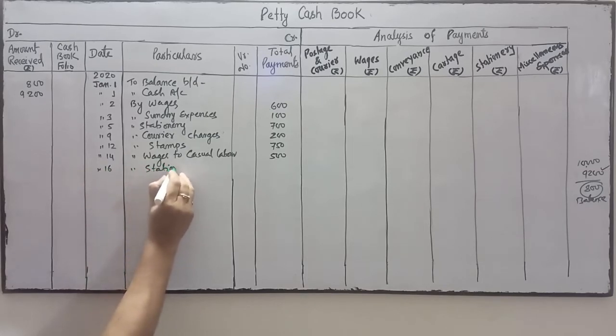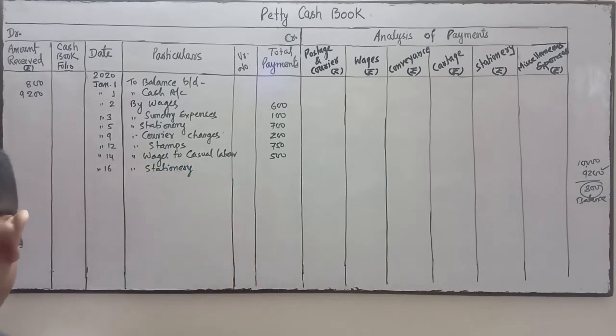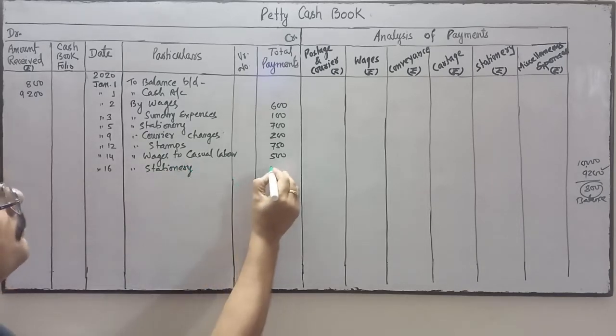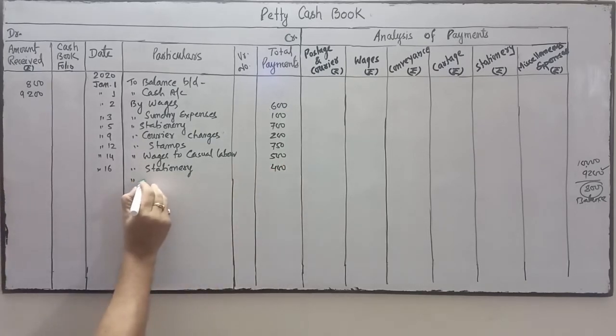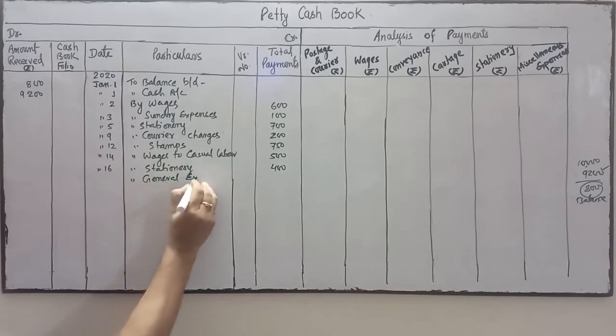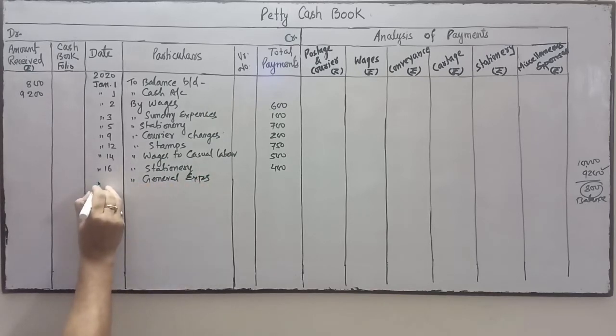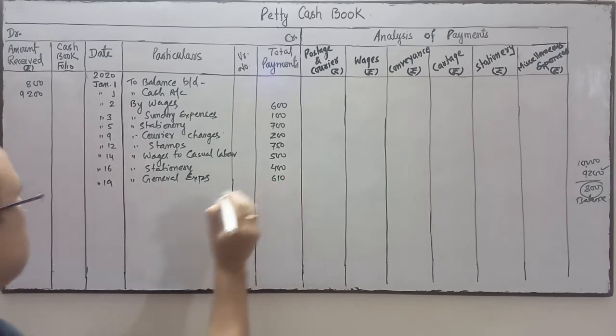Stationery purchased is 400. Next, paid general expenses. General expenses, date is 19th, that is 610.